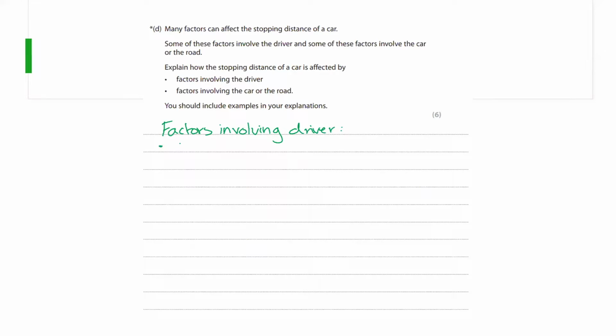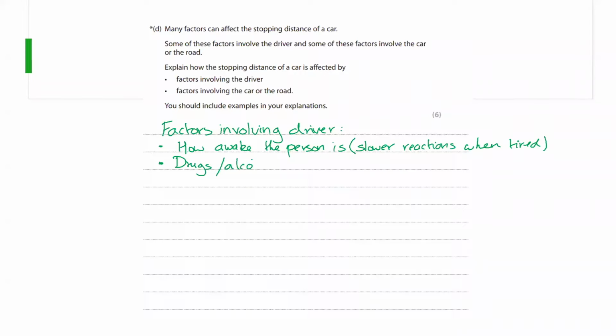So you could have things like how awake the person is, so it affects reaction times. Slower reactions when tired. So drugs or alcohol. Some drugs, it could be medication as well, I'm trying to say, not just illegal ones.